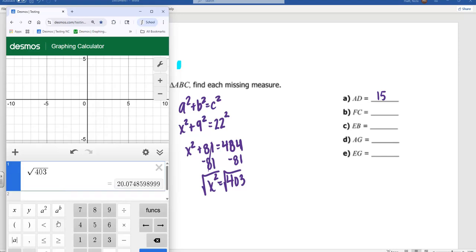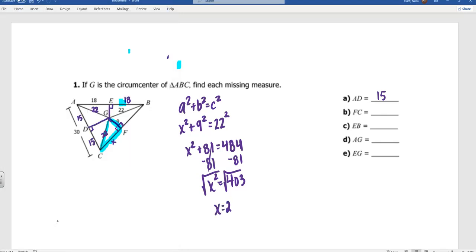And we're getting 20.075. So that is for FC, 20.075. Because you end up with right triangles for this, Pythagorean theorem is a skill that you're going to use often to solve these problems.